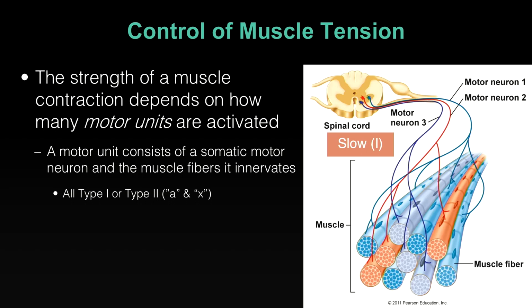These are the ones that have a lot of myoglobin, a lot of mitochondria, that are oxygenated, but that don't make as much force. Type 1, slow oxidative muscle, generally looks quite red. And you can see the red nerves here innervate only the red fibers.